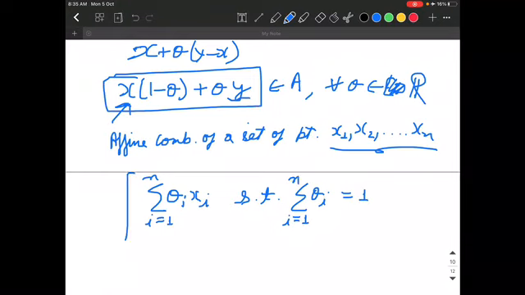So for any set of points x1, x2 to xn, this is said to be the affine combination of these points. And in an affine set, all affine combinations of points are also present.